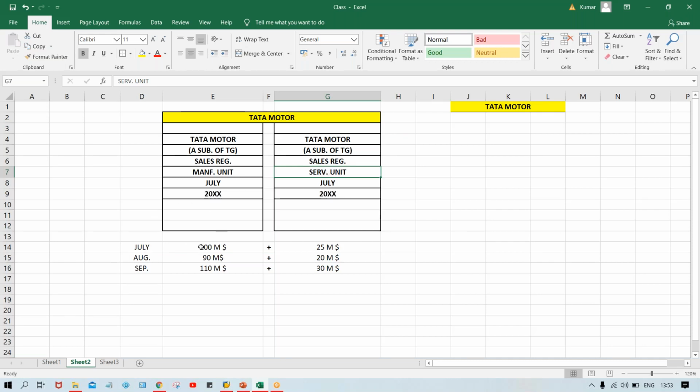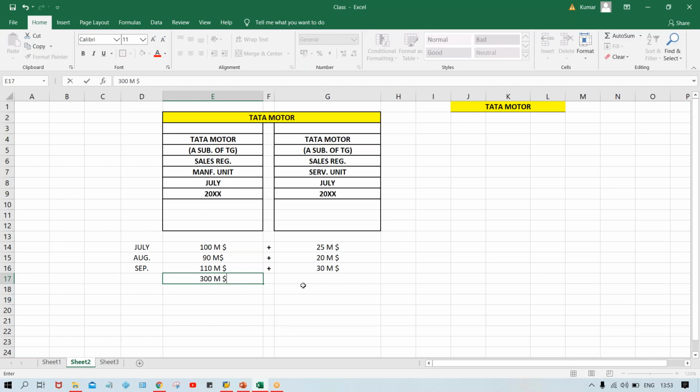So likewise, for the July month, if they want to calculate at Tata Motor level, then service plus manufacturing. Again for August also service plus manufacturing, and September also service plus manufacturing. Now if they want to know the total revenue for the manufacturing unit in the second quarter, let's suppose it is 300 million dollars.